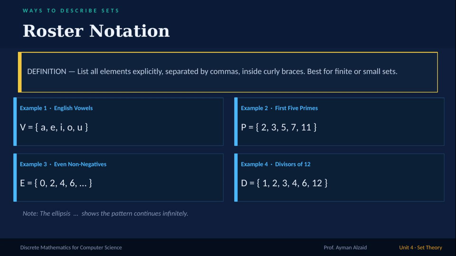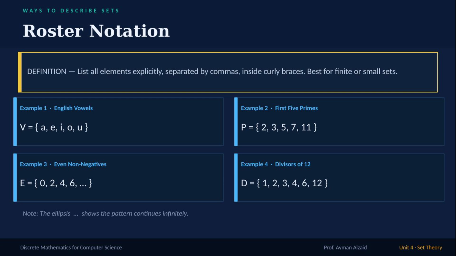Example 2. P equals the first 5 primes: 2, 3, 5, 7, 11. Example 3. E equals the even non-negative integers, written as 0, 2, 4, 6, with an ellipsis. The 3 dots show that the pattern continues infinitely. Example 4. D equals the divisors of 12.